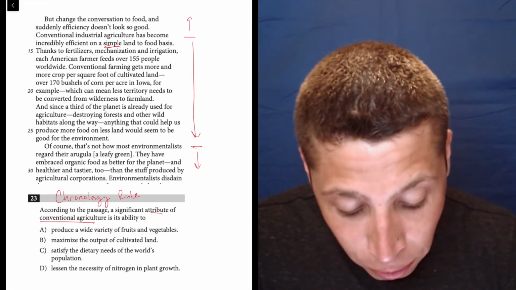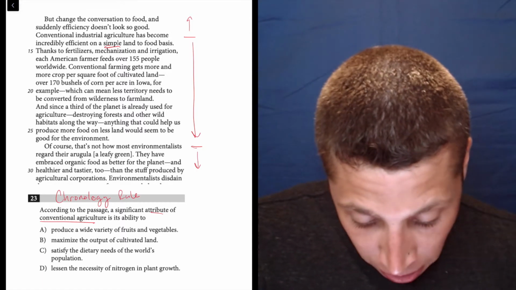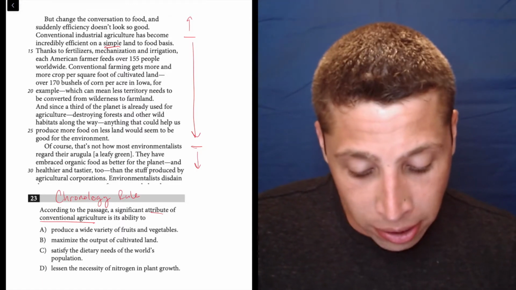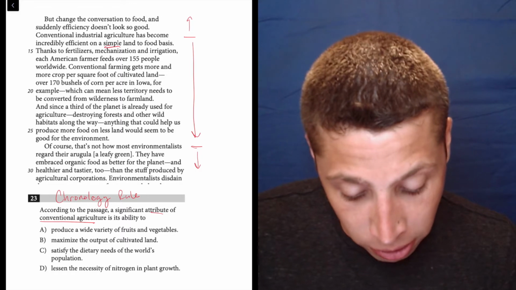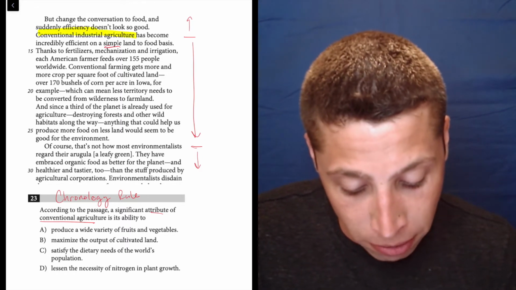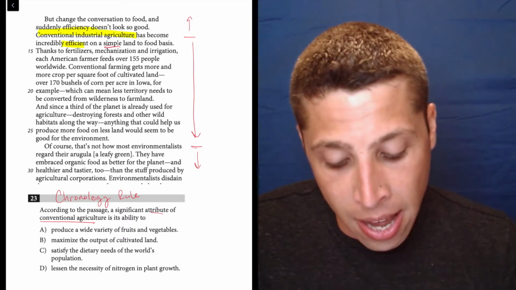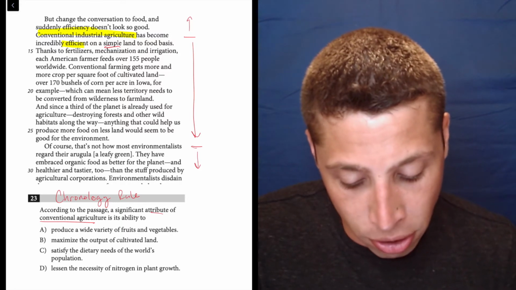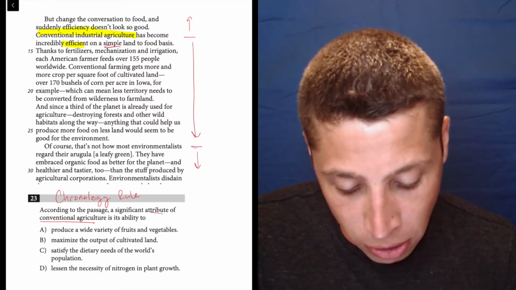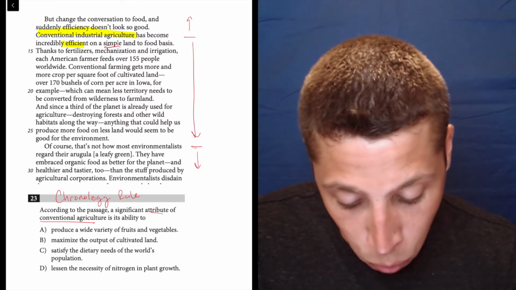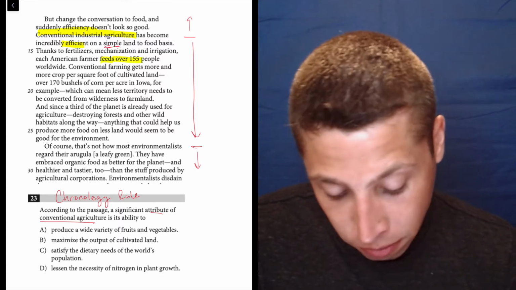So what do they repeat as we go through? "But change the conversation to food and suddenly efficiency doesn't look so good. Conventional industrial agriculture has become incredibly efficient on a simple land-to-food basis. Thanks to fertilizers, mechanization, and irrigation, each American farmer feeds over 155 people worldwide." So feeds 155.